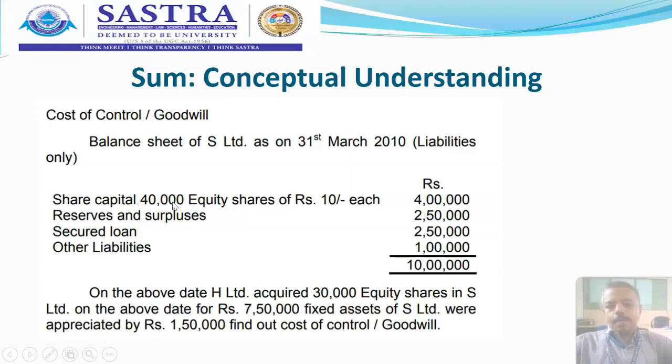Simple. Now the balance sheet of the subsidiary company is listed out. And on the above date, H Limited has acquired 30,000 equity shares in S Limited for rupees 7,50,000.